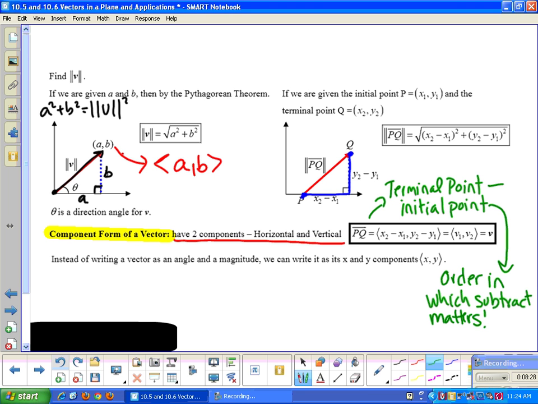So you always have to do the terminal point minus the initial point. Notice that it's your x's, comma, your y's, just like you would write a coordinate point. So instead of writing a vector as an angle and a magnitude, we write it as its x and y components, the horizontal and the vertical. It's just a different way of writing the point.